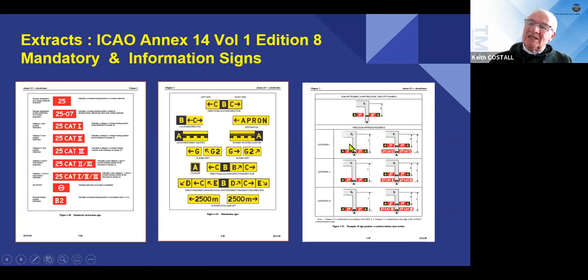But if we go to category 1, that means that the visibility has dropped. And when we talk about visibility, we're talking now about runway visual range visibility. What is the difference between the two?